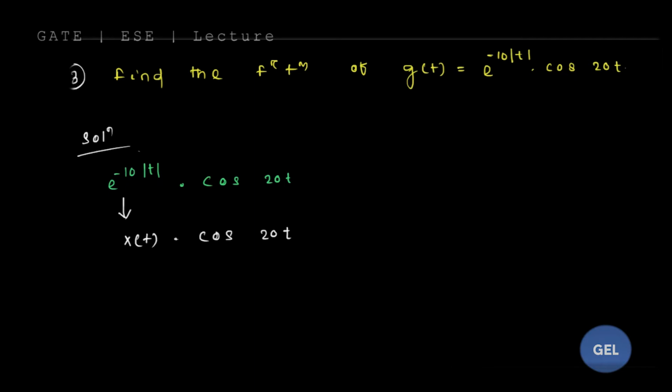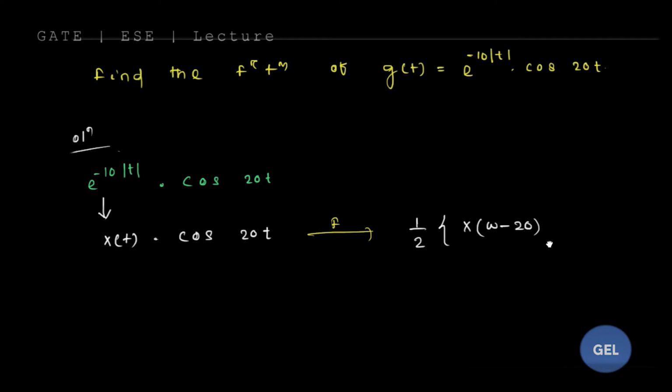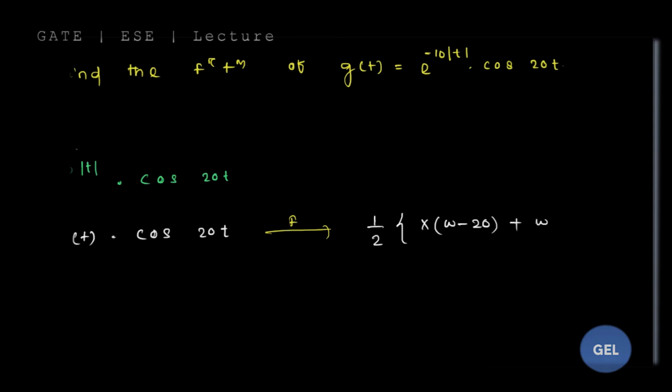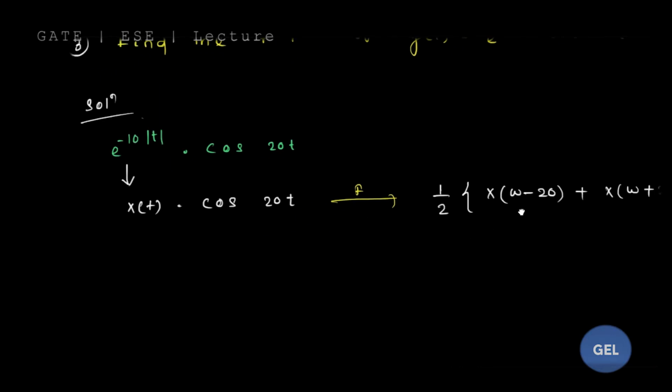If you do it this way, the Fourier transform of this will give you 1 by 2 times x of omega minus 20 plus x of omega plus 20. Clear? This is the value that you're going to get.